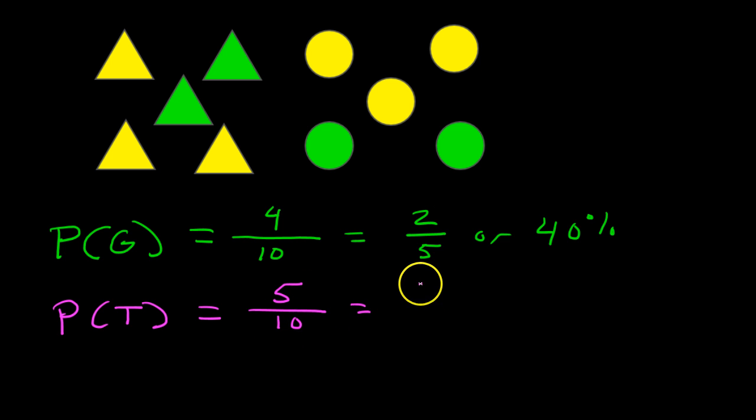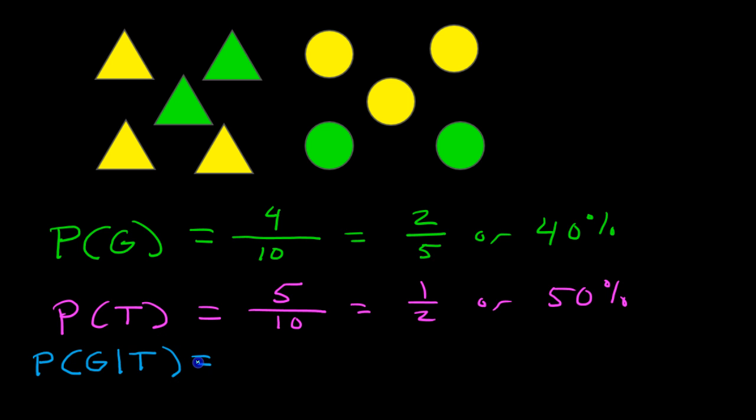So of course that probability is 1/2 or 50%. Now here comes the conditional probability. We could talk about the probability of picking a green shape randomly given that we already know it's a triangle. That's what this notation would mean.